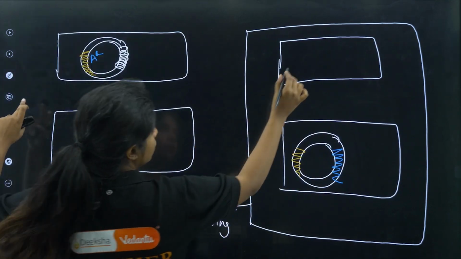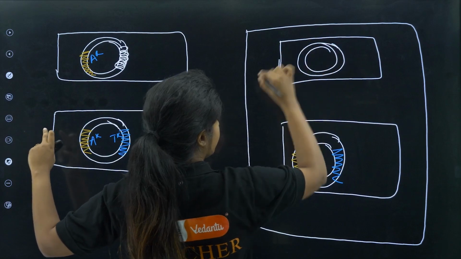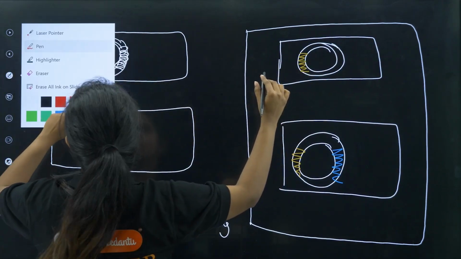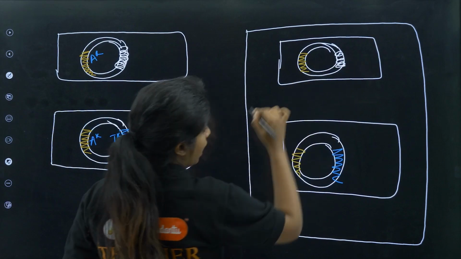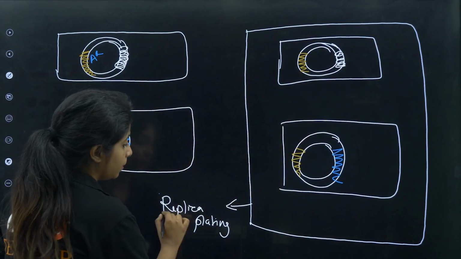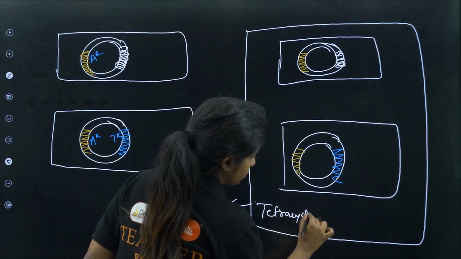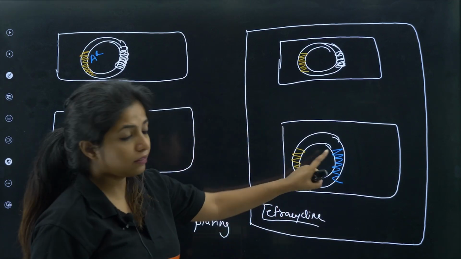If this is a scenario and there is another scenario like this, where I just have the ampicillin resistant gene and then there's my gene of interest. And now if I treat the replica with tetracycline, what will happen, children? Will this survive?